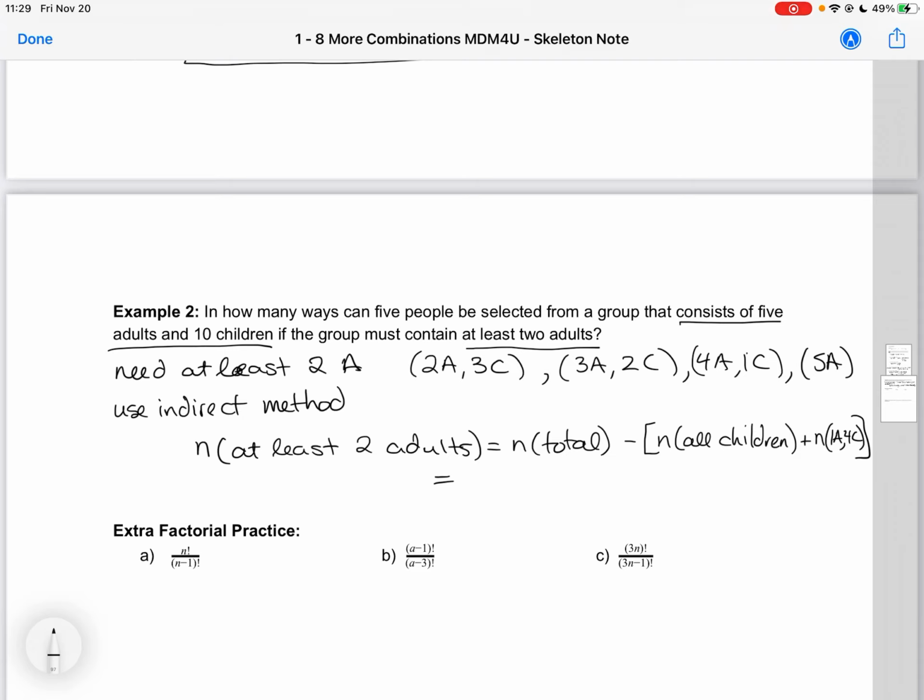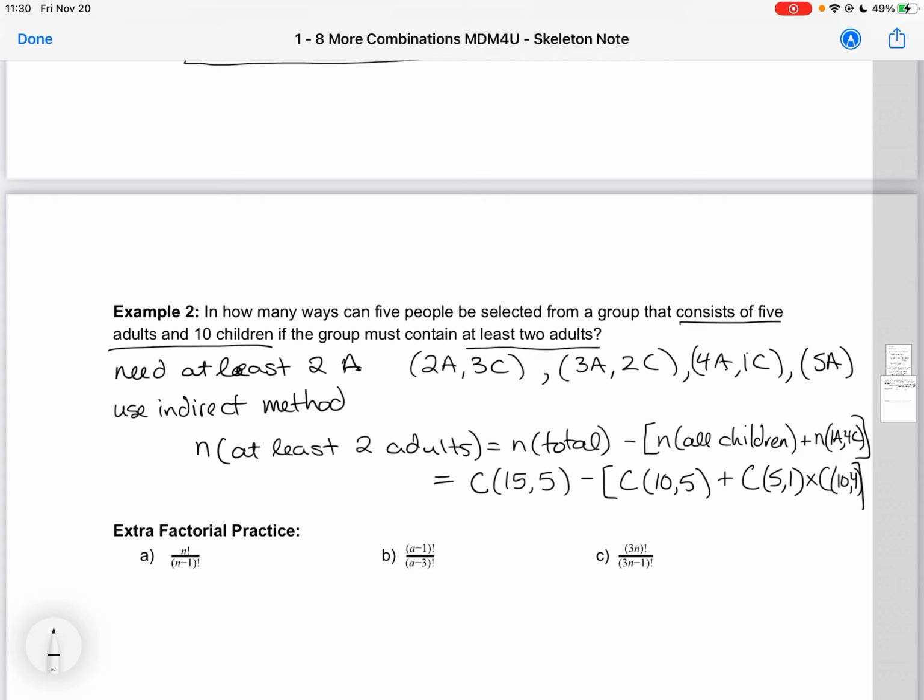So in order to figure that out, our total number of groups would be 15 people, choose 5, subtract the number that is all children, so that would be 10, choose 5, and then the number where there is 1 adult and 4 children, we would have 5, choose 1, which gets us our 1 adult, and we're going to multiply by the number of children that we're choosing.